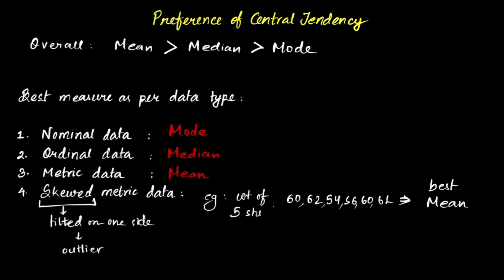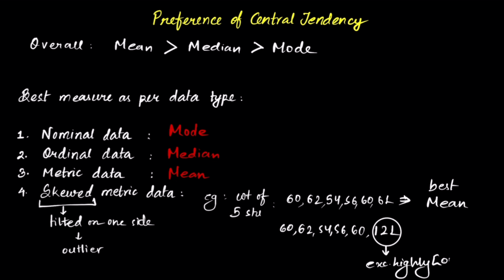However, let's say the scenario has been changed. You have 60 kg, 62 kg, 54 kg, 56 kg, 60 kg, and all of a sudden you find a student with weight 121 kg. This 121 kg value is very extreme as compared to other values. It is excessively high.